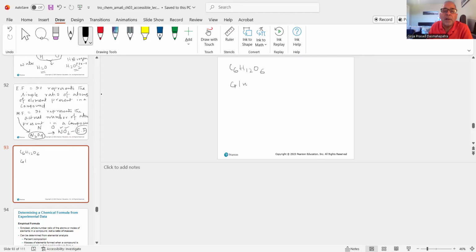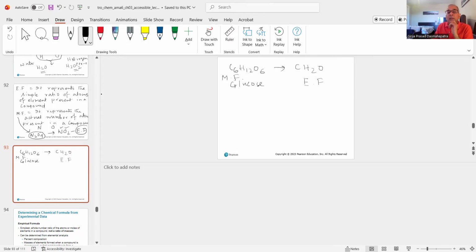Look at it. It is made up of three types of atoms: carbon, hydrogen and oxygen. If you take the numbers 6, 12 and 6, you will find the common factor is 6. So if you divide by 6, it will be CH2O. Since there is a common factor, that is the empirical formula, and this is the molecular formula.